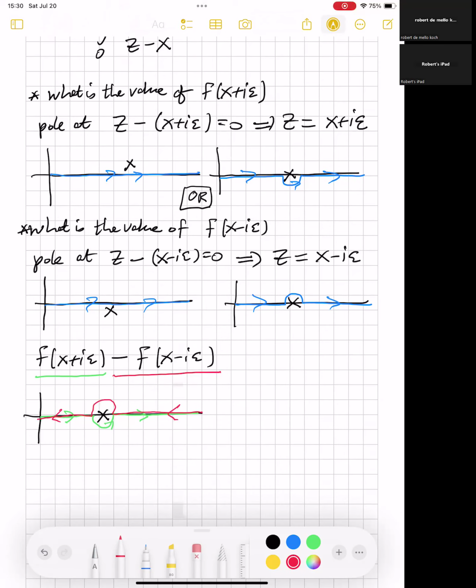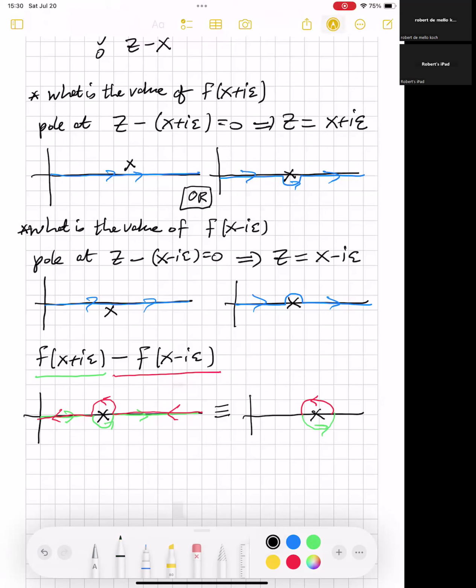The minus sign has changed the orientation of the red path. So now I can just add those two. Now, what you can see is these flat portions of the path away from the pole, they actually cancel each other out. So that at the end of the day, what do I end up getting? I'll end up getting that piece of the contour together with that piece of the contour.